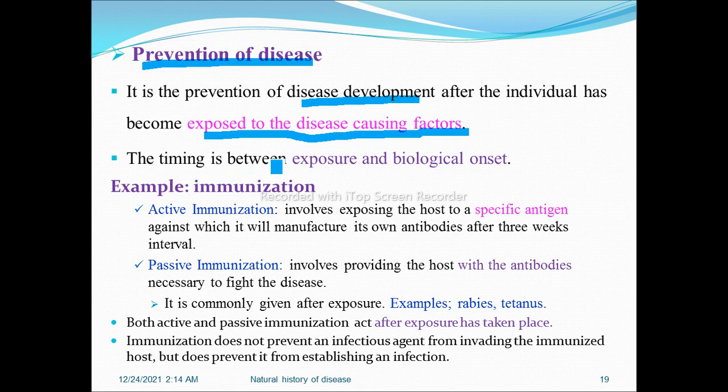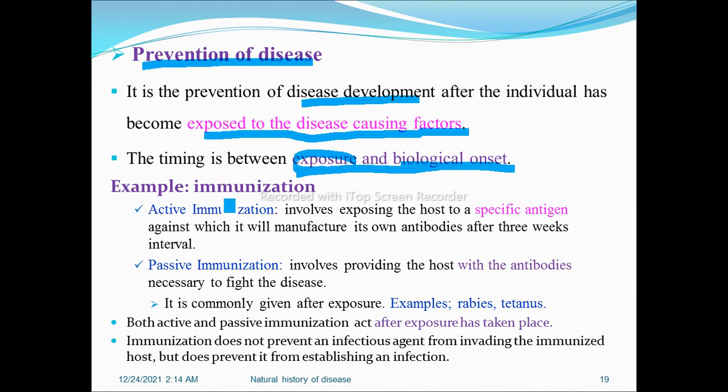The timing is between exposure and biological onset. That means since the individual is exposed to risk factors, we are providing an action between exposure and biological onset, before signs and symptoms develop.